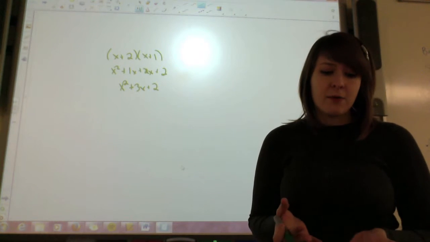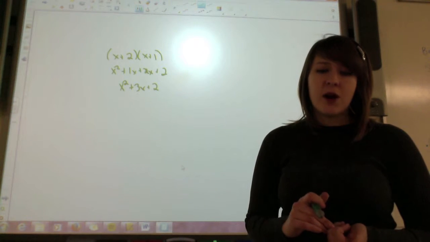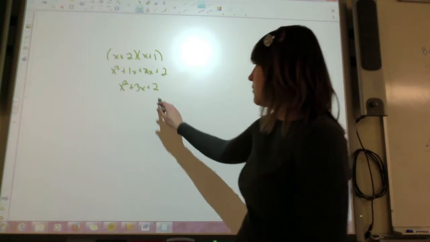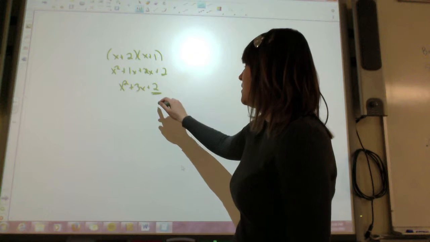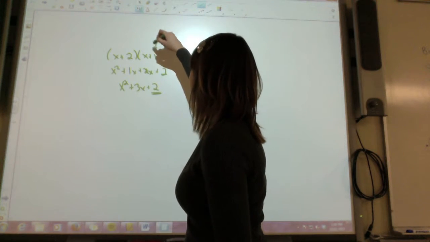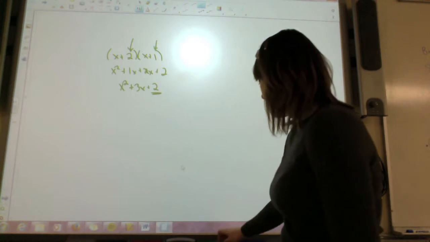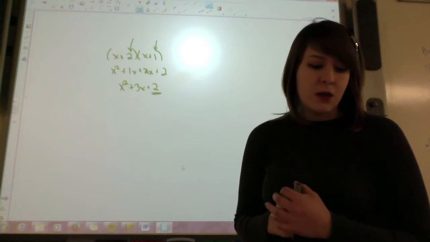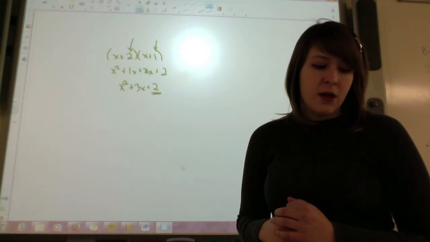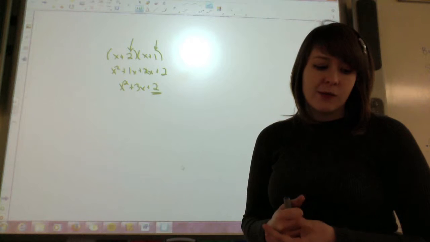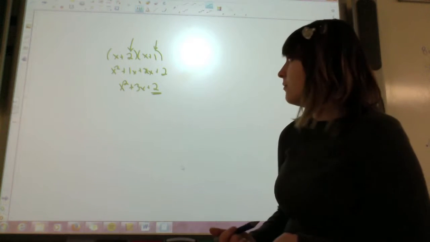So working backwards, I know that 2 was a product of my last two terms, right? So in order to get this number here, I multiplied this number times this number. I also know that 3x was a sum of my last two coefficients.